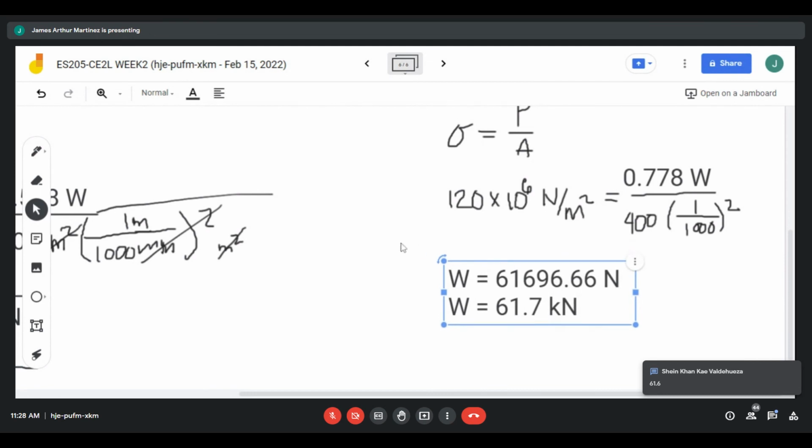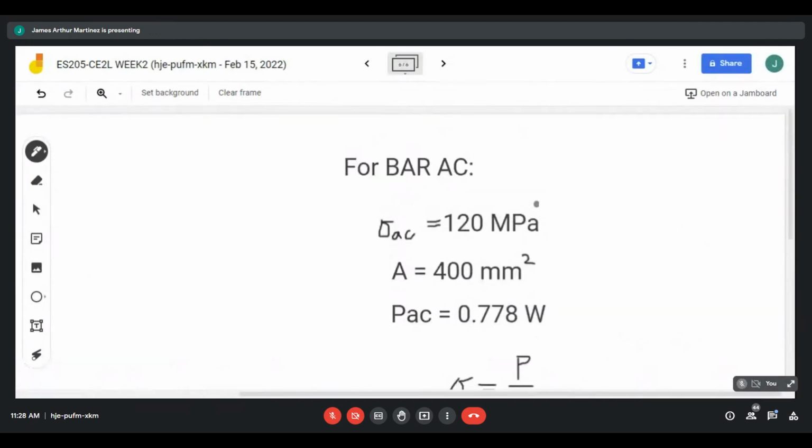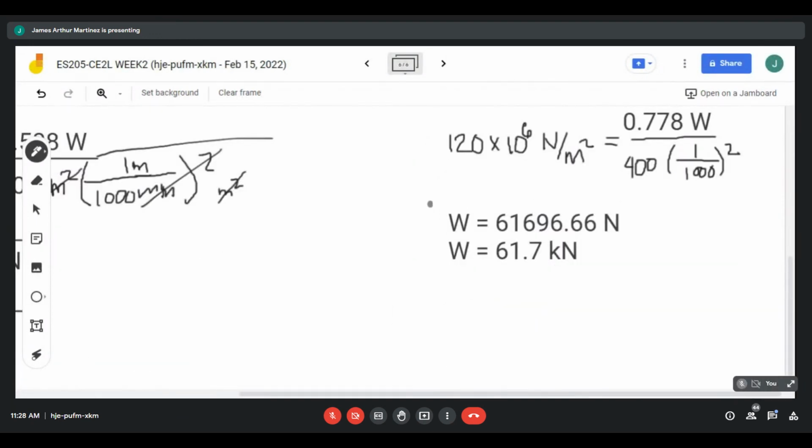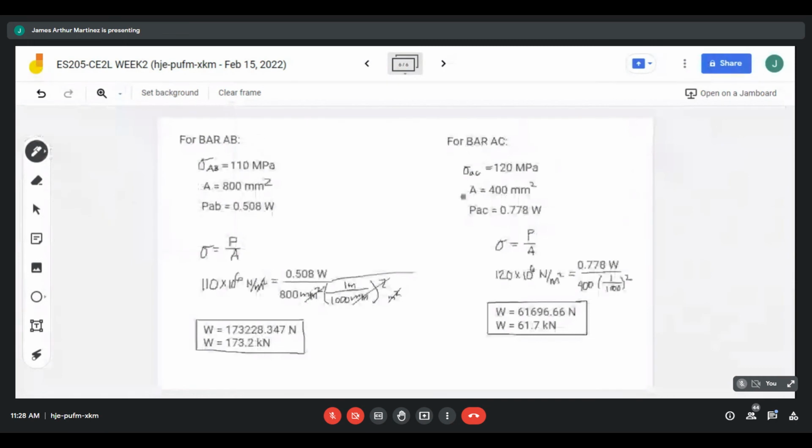So this is the maximum weight that bar AC can carry without exceeding the stress limit given to it. But this is not yet the final answer. The final answer is our conclusion.